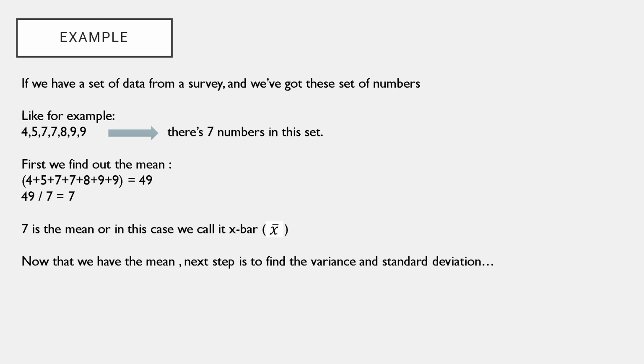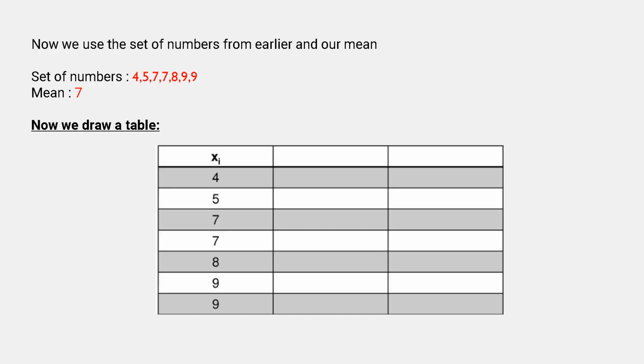Now that we have the mean, the next step is we have to find the variance, and from the variance we can find the standard deviation. So now you take the set of numbers from earlier, which was 4, 5, 7, 7, 8, 9, and 9, and you put it in a table like this. And we also have our mean, which is 7, which we're going to be using in the next column.